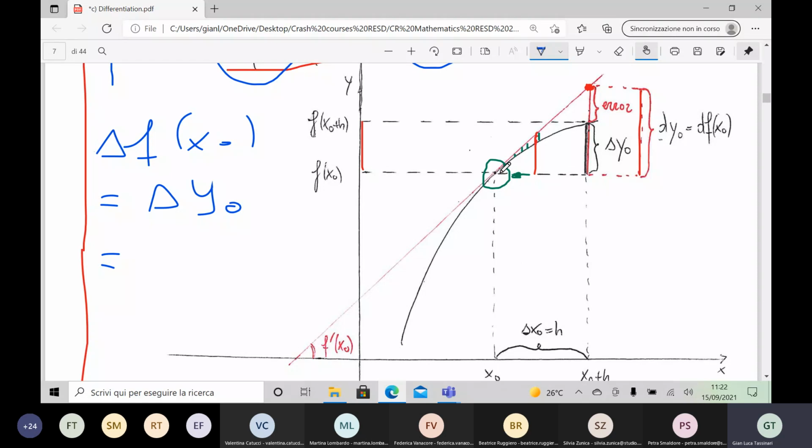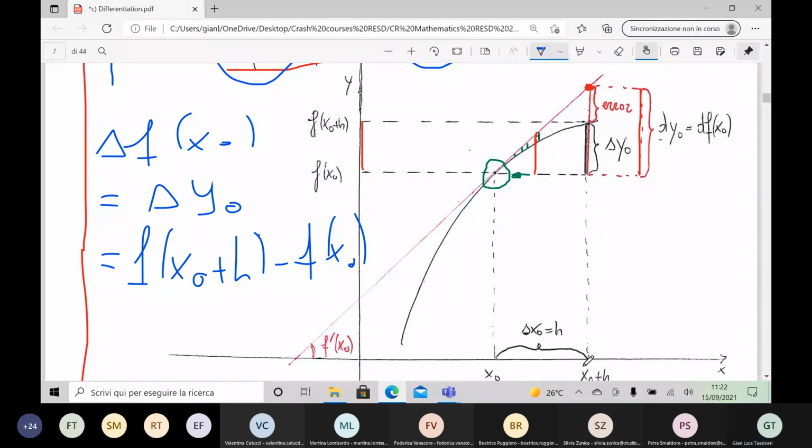So this vertical distance is delta f of x0, or also called delta y0. So this is given by f of x0 plus h minus f of x0. So this is the true change in the value of the function as x passes from x0 to x0 plus h.